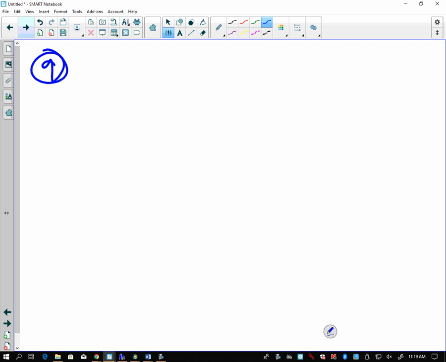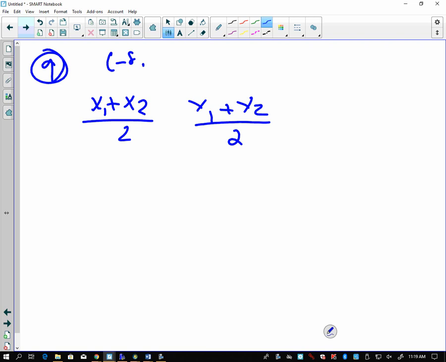Find the coordinates of the point halfway between. All right, this is the midpoint formula, right? x1 plus x2 divided by 2, y1 plus y2 divided by 2. Hopefully one of the easier questions on the whole test, right? We've got -8, 7, and 14, -15. So be careful with negatives.